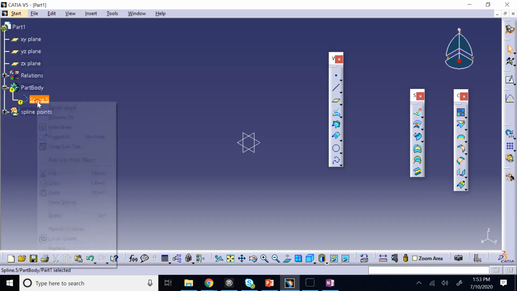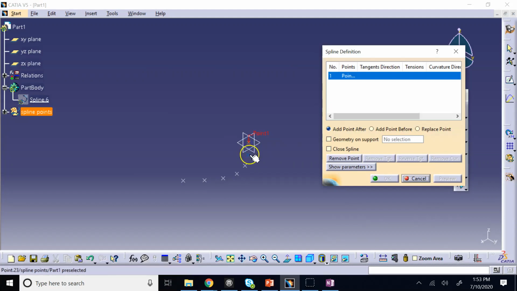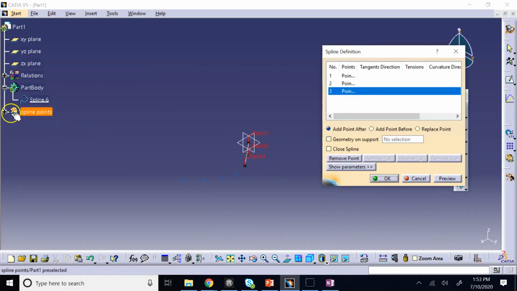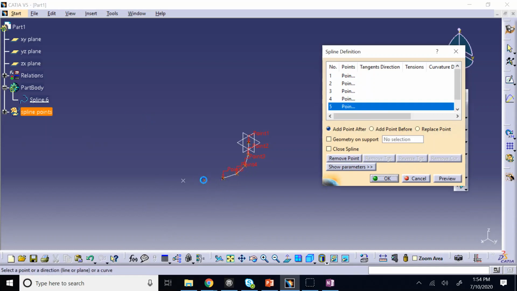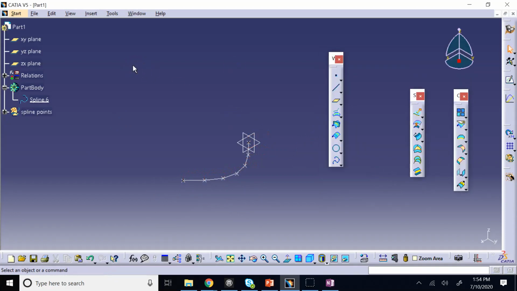Okay, so maybe it's a good idea that now I have these points under this folder, if I do the spline definition afterwards, so that it knows it borrowed this point from inside this folder, not from under the tree. Then it knows where to find these points, and it should not give you an error, right?